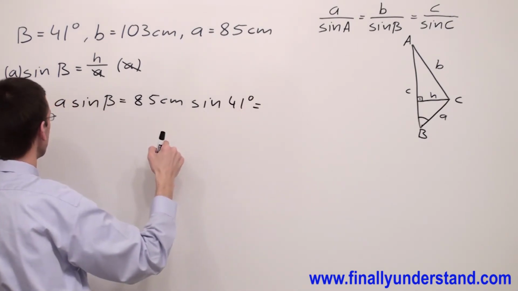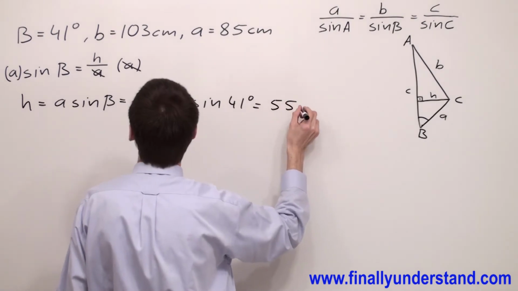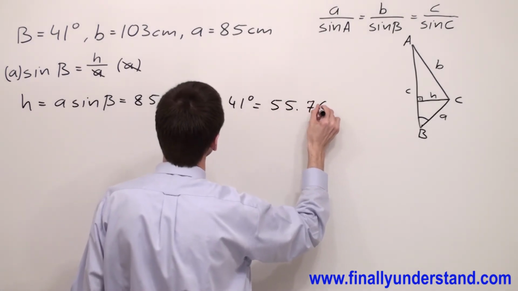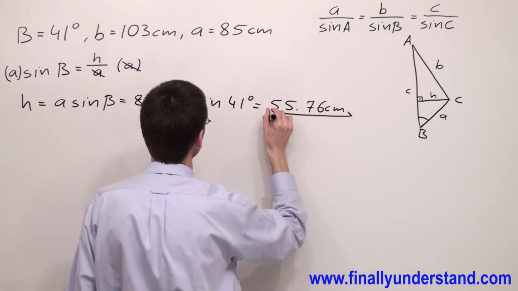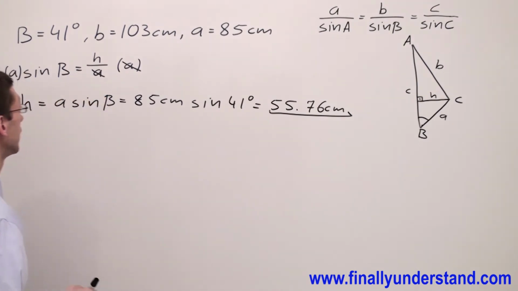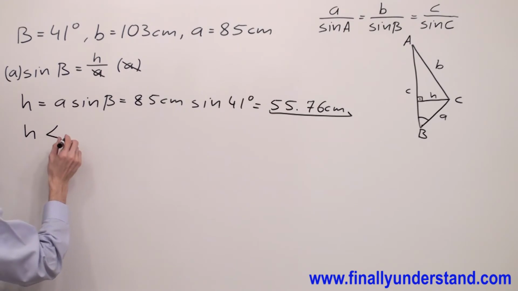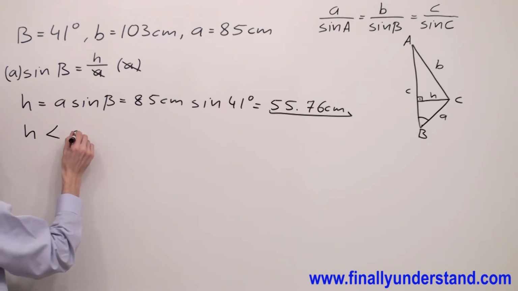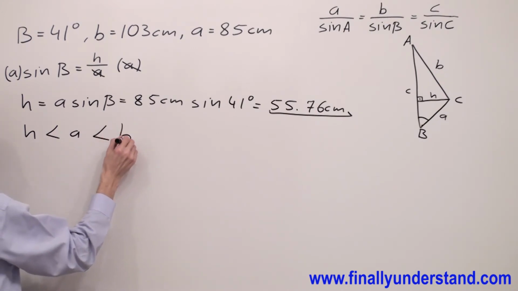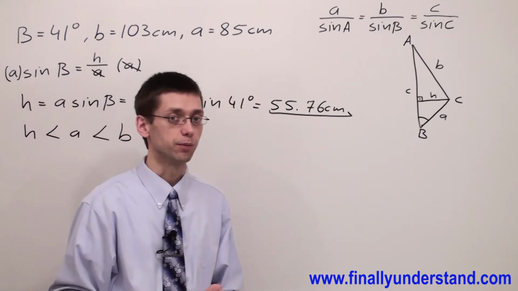Use the calculator and you're supposed to get the value of 55.76 centimeters. Okay, this is the value of H. Please notice that H is less than A, and both of them are less than B. So, what does it mean?